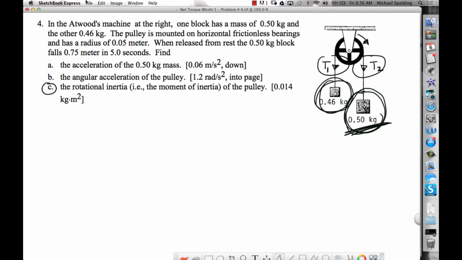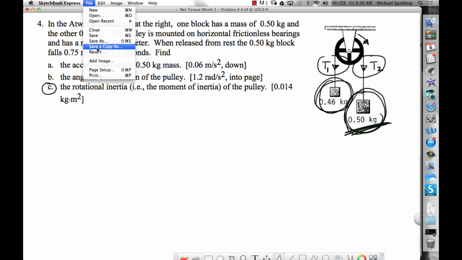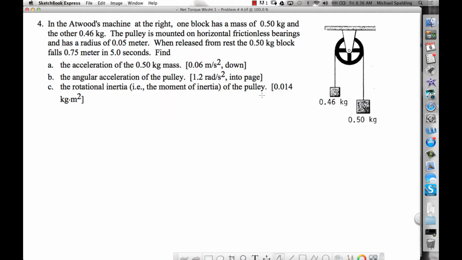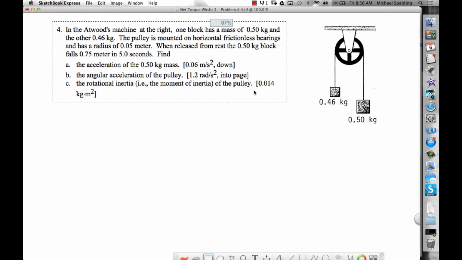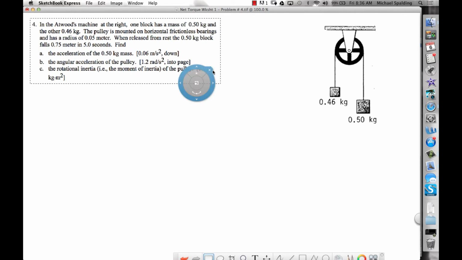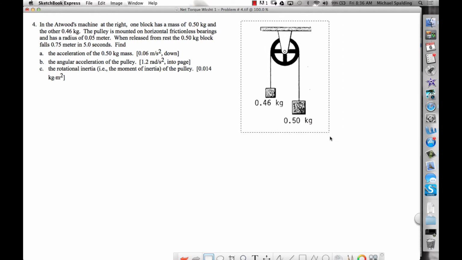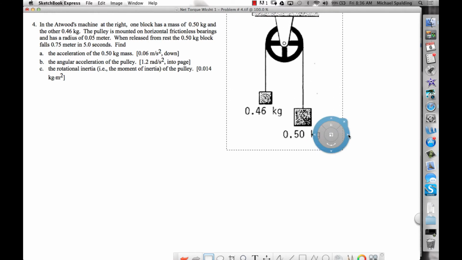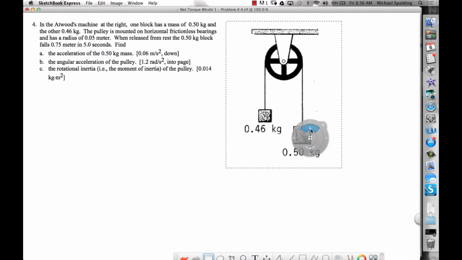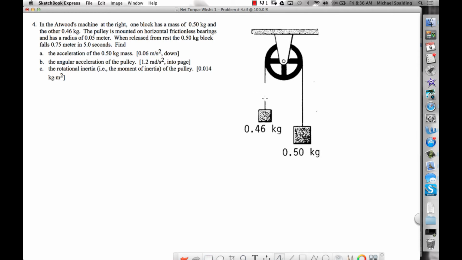All right, so let's start this. So we're going to begin with a free body diagram. Okay, in fact, let me shrink this down. Okay, so I'm going to call the mass on the left M1.